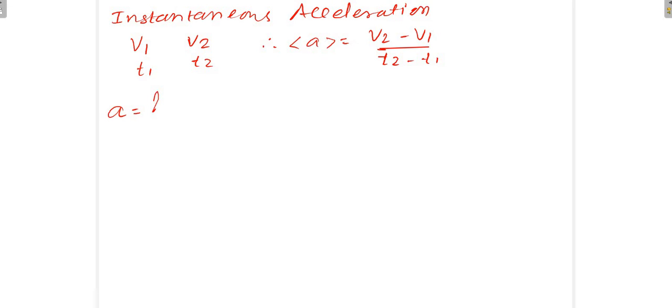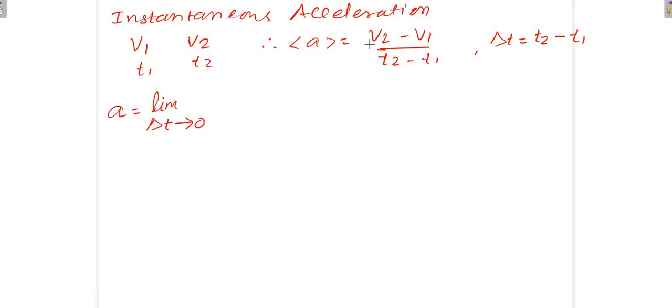For that, I have to limit this time duration delta t. What is delta t over here? Which is t2 minus t1. This should be very, very small. So should I say it is delta t tends to 0.